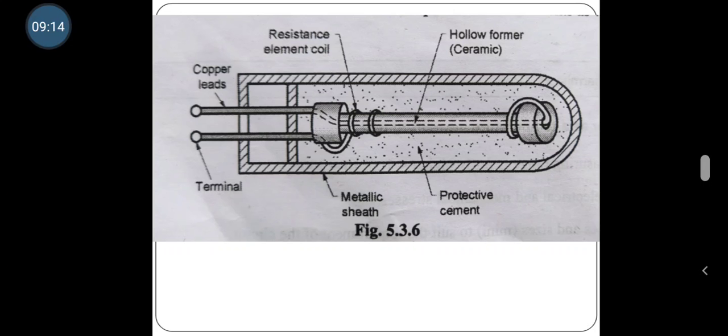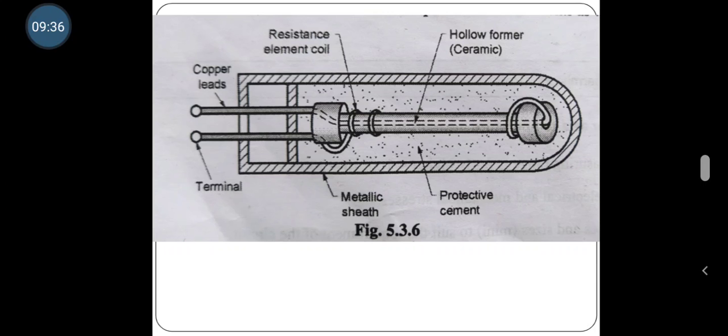Due to the positive temperature coefficient of materials such as tungsten, platinum, copper, nickel, the resistance increases with the increase in the temperature. Among these materials, platinum is very widely used as a temperature sensor.